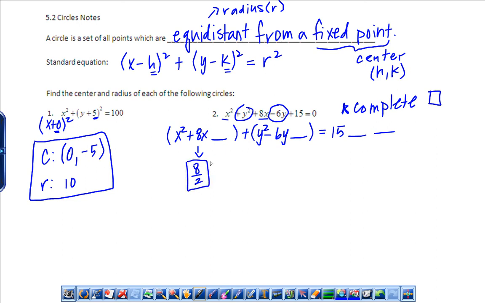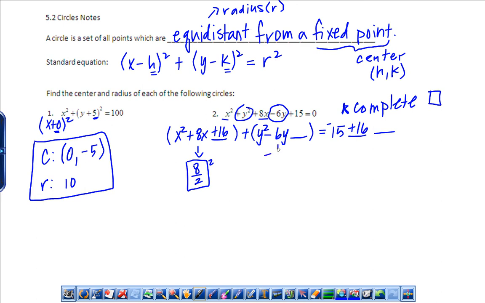If you take 8, half it, this gives you 4, you square it, this gives you 16. Now, since I moved this 15 to the other side, this is going to be negative 15. Since I added 16 to the left, I'm going to add 16 to the right. Remember, I don't want to change my problem, and if I add it to one side, I have to add it to the other.